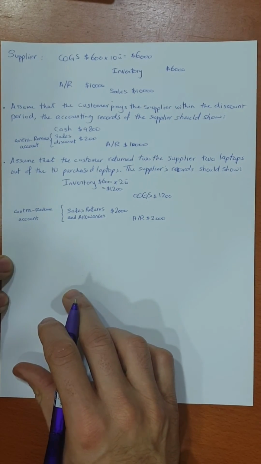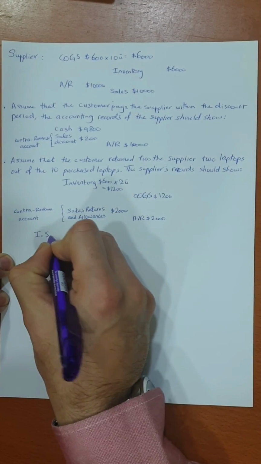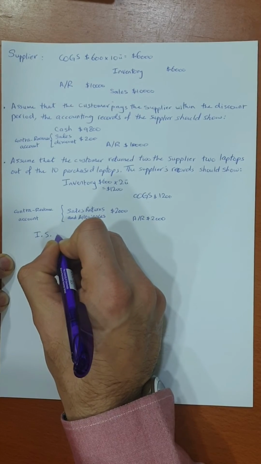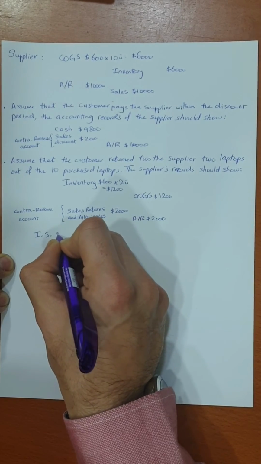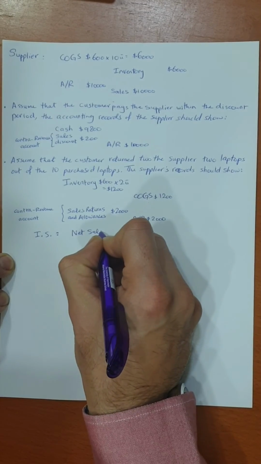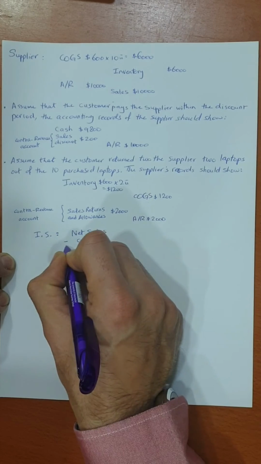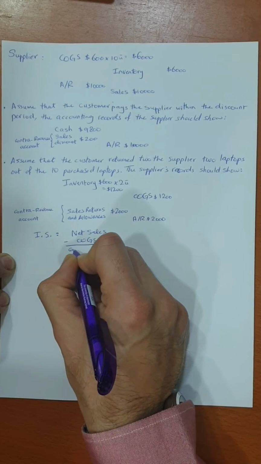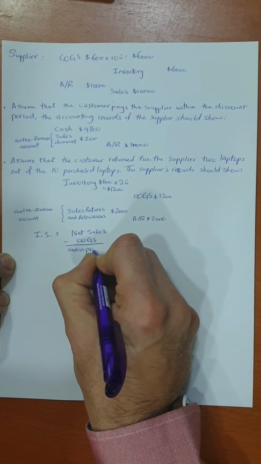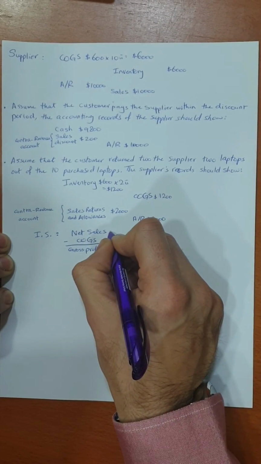Okay, now if you go to the income statement, your income statement must show net sales minus cost of goods sold, gross profit, and you know the rest.